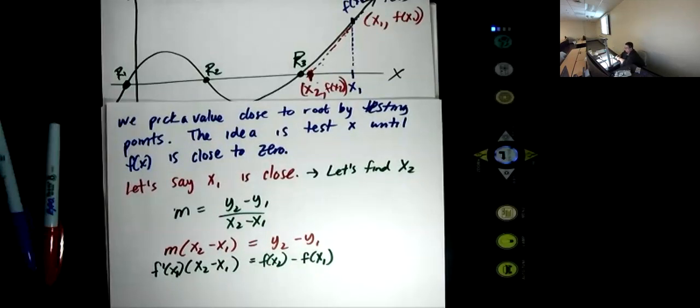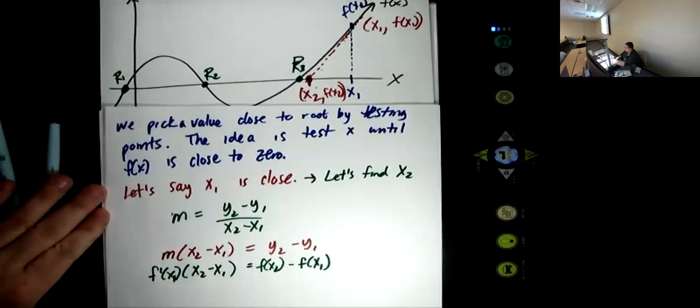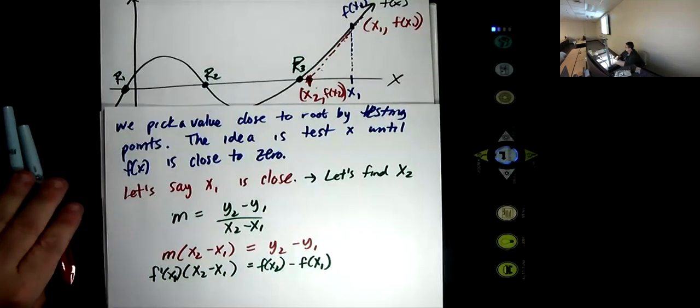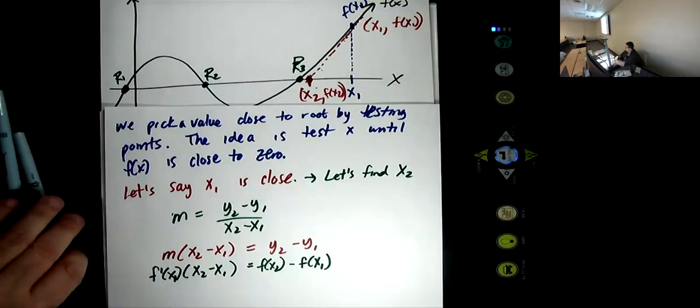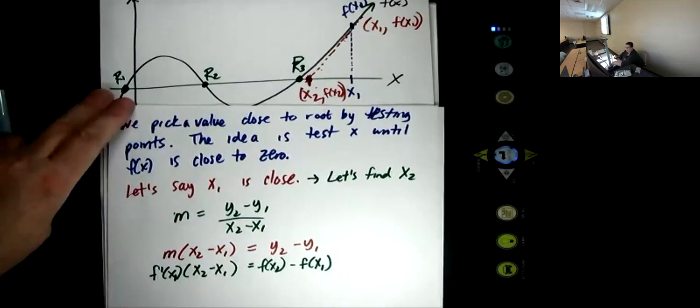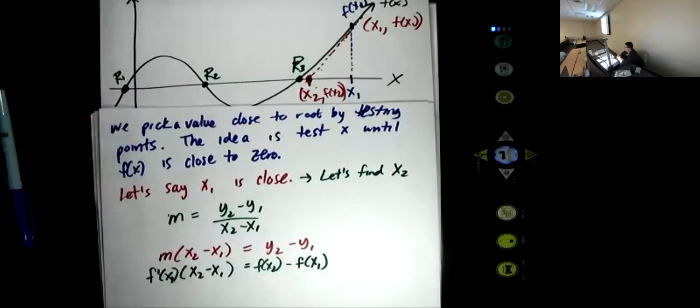One of these values is really simple though. Looking at the graph, do we know what one of these values is? Looking at my tangent line, do I know any of those values? x1, x2, f of x1, f of x2.